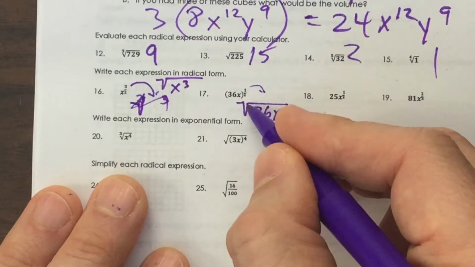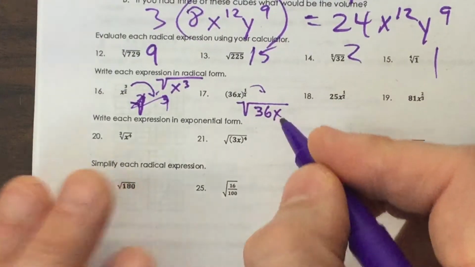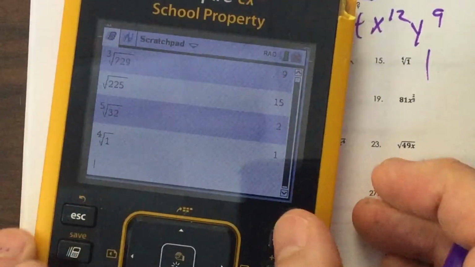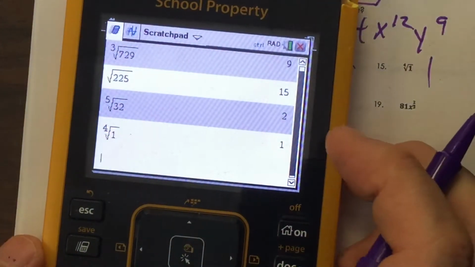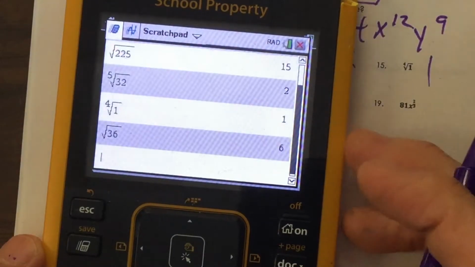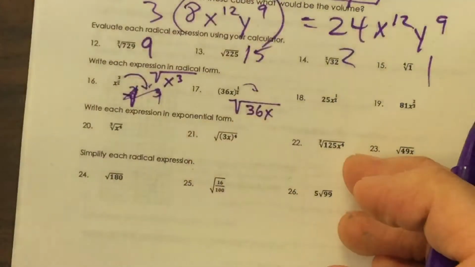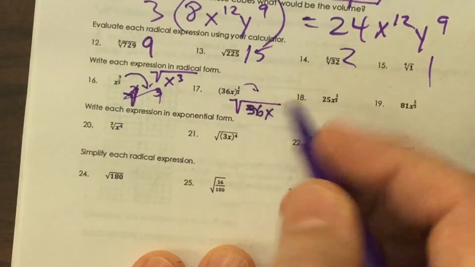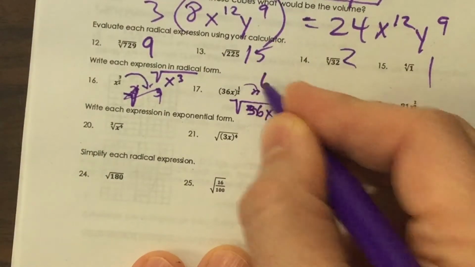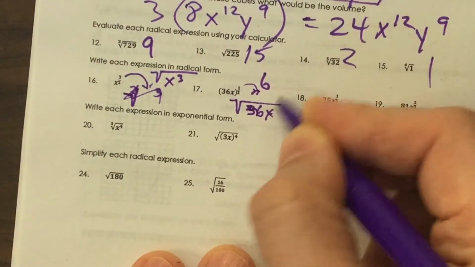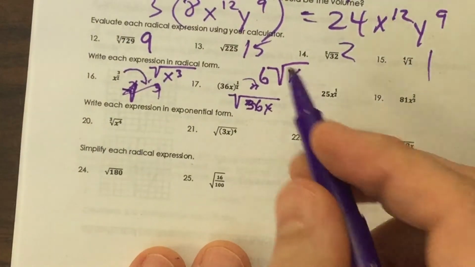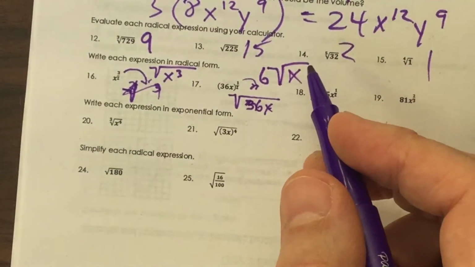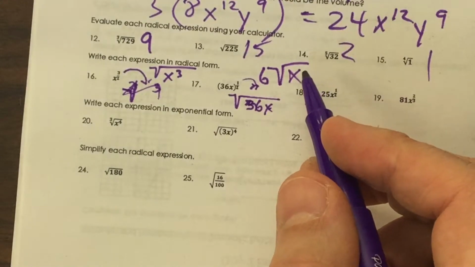But we're in the square root of 36x. Now we can take the square root of 36. The square root of 36 is 6, right? So that can get pulled out of this radical. We end up with getting 6, but the x cannot get pulled out, so we end up with 6 square root of x as the answer for number 17. 6 square root of x.